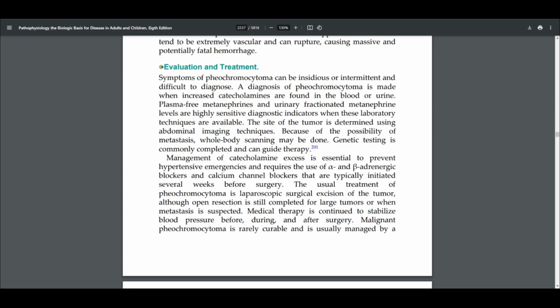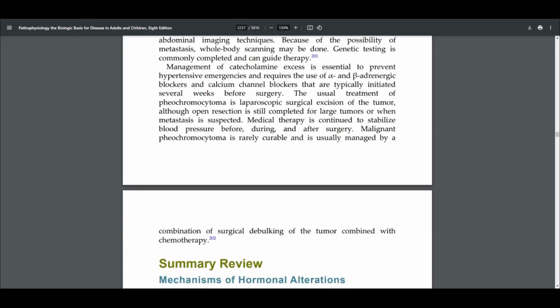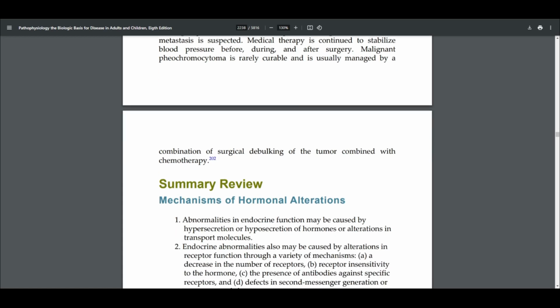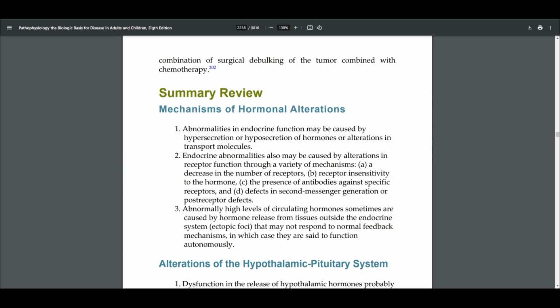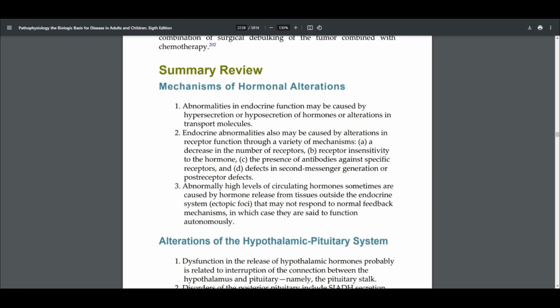Medical therapy is continued to stabilize blood pressure before, during, and after surgery. Malignant pheochromocytoma is rarely curable and is usually managed by a combination of surgical debulking of the tumor combined with chemotherapy.